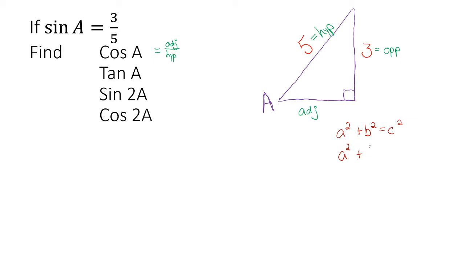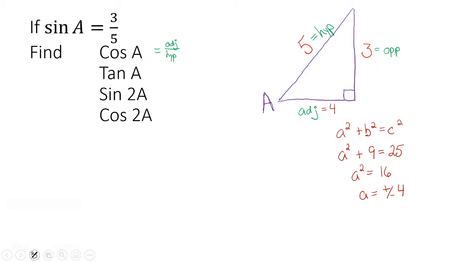And B squared, the other leg of this right triangle, is 3. 3 squared is 9, and the hypotenuse squared would be 5 times 5, which is 25. A little bit of subtracting 9 from both sides, and we get A squared equals 16. A thus equals plus or minus 4. It can't be a negative value, so we're going to go with the adjacent side is equal to 4.